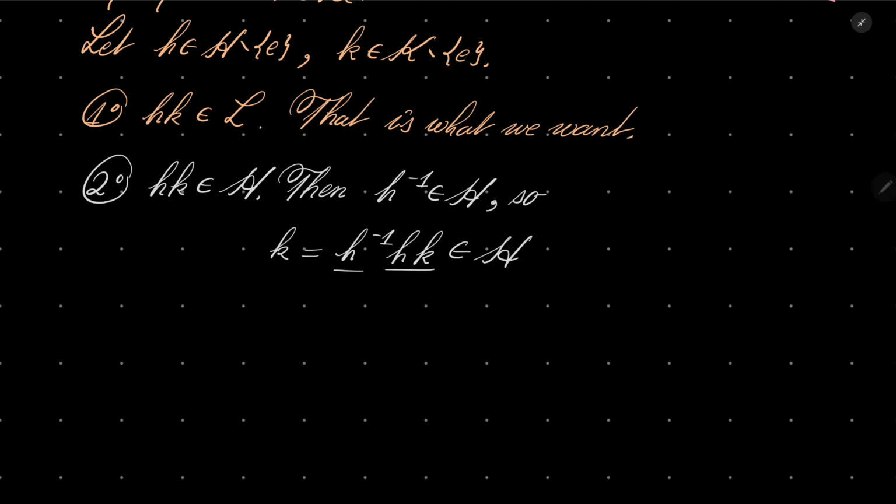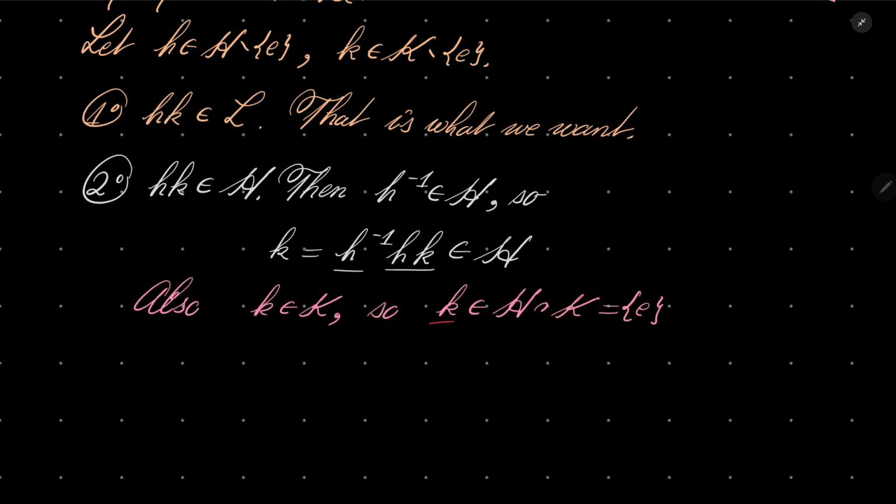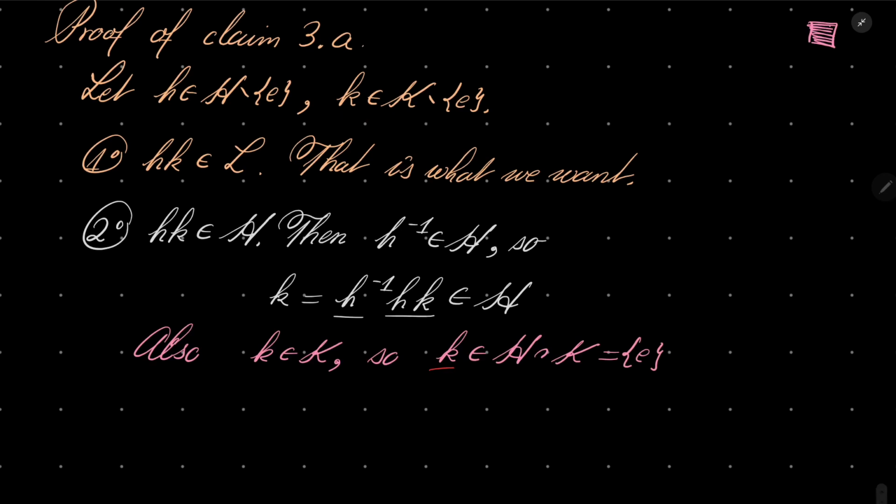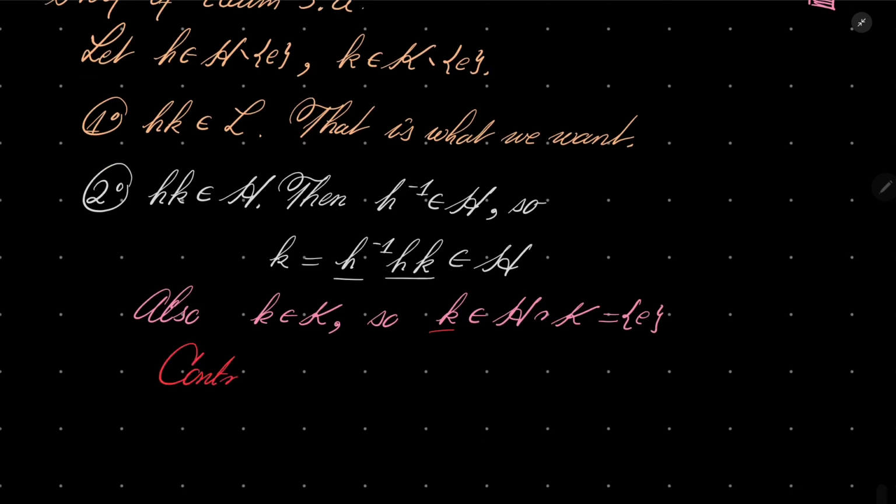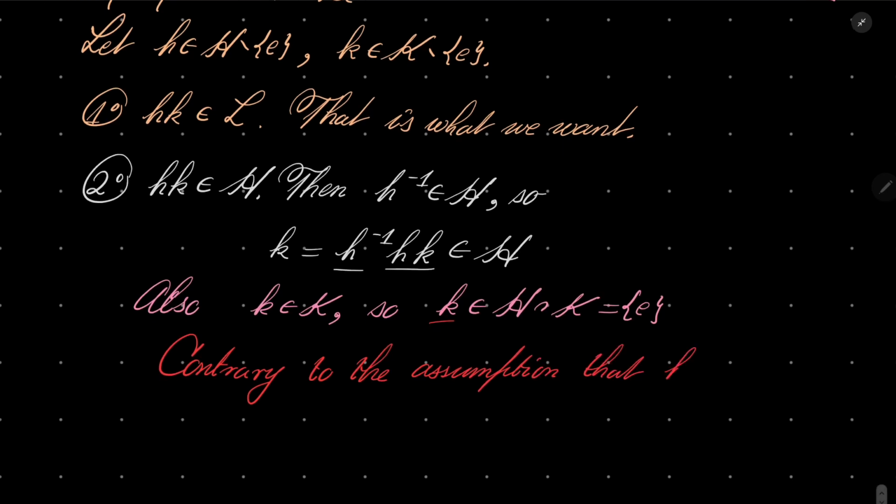So k is in H, but also k is in K. So k is in the intersection of H and K, but the intersection is trivial, it's E, and we have a problem, we have a contradiction, because we have assumed that k is not E. Contrary to the assumption that k is not E.